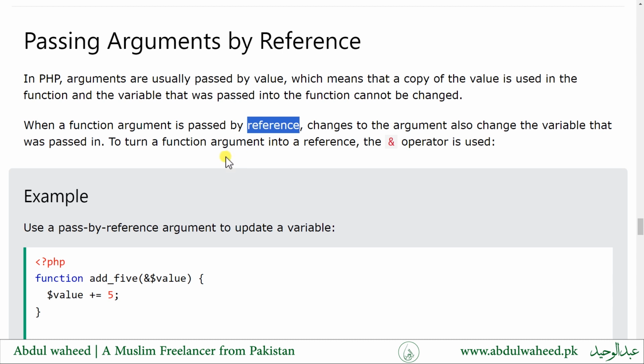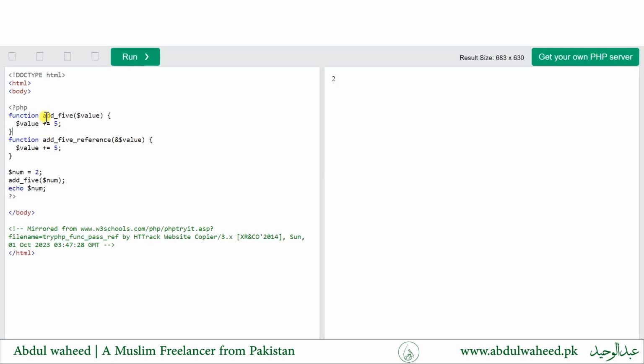To turn a function argument into a reference, the ampersand operator is used. So in this example, we have two functions, add5 and add5_reference. In function add5, our argument is passed by value, while in the other function, the argument is passed by reference.